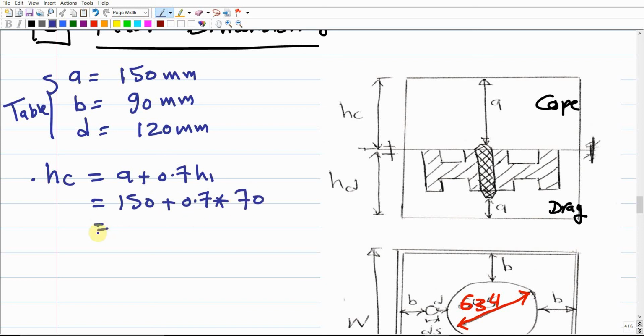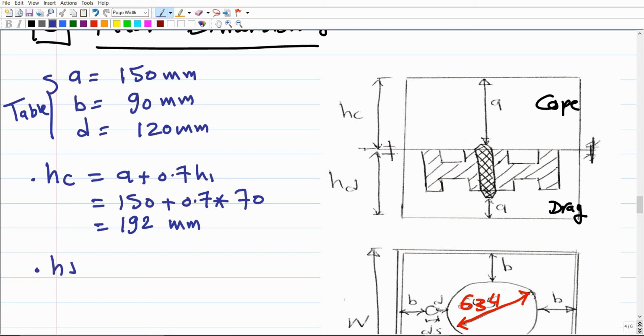If we do the calculations, we're going to end up with 192 millimeter. This is for the HC. Then we have to use this value in terms of standard, right? But for now, just leave this value for the HC.